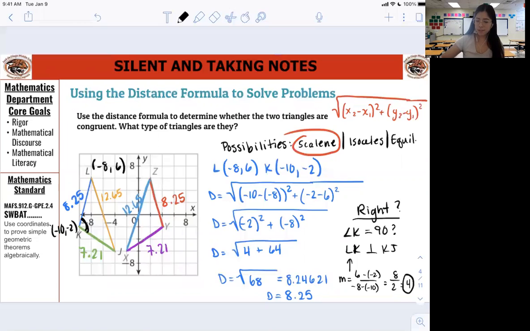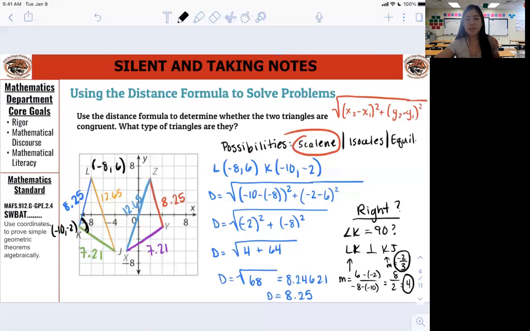Alejandro already beat us all to it. Good. He got the slope of KJ is, what did you get? -2/3? That is correct. It's very obvious right there. You did rise over run instead? You just looked at the graph? No, I just looked at the graph. Nice. Yeah, you can totally do that as well.